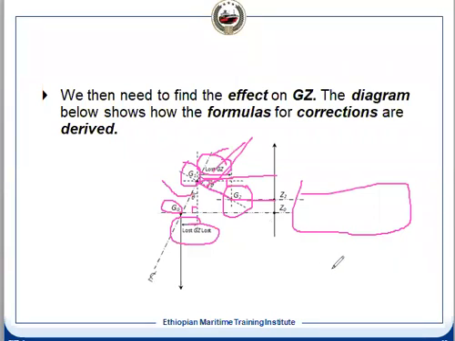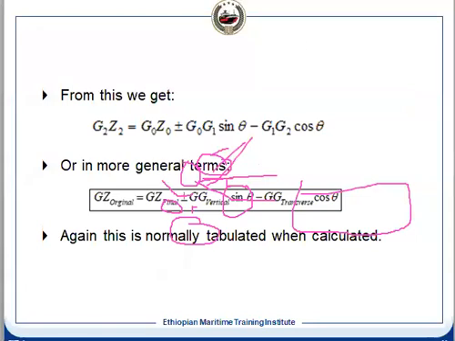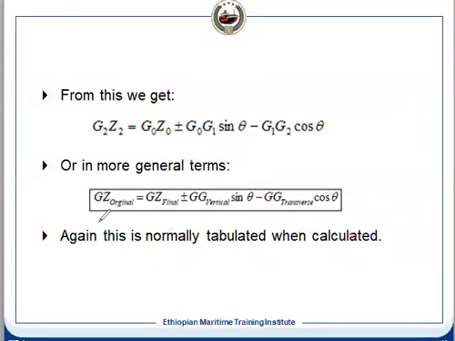When the cargo is shifting, what is happening? There will be a vertical shift of G as well as a horizontal shift, and for that there will be a reduction in GZ, and that has to be corrected from the curve that is provided to us. So we have to deduct these two. That is the reason this will be the formula we use.